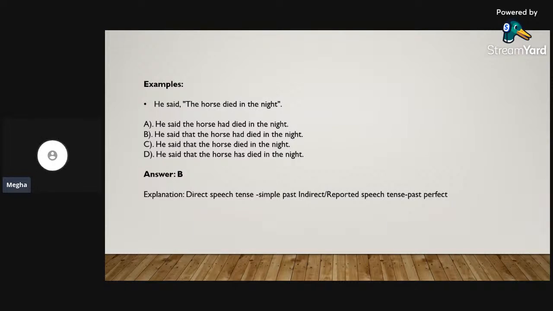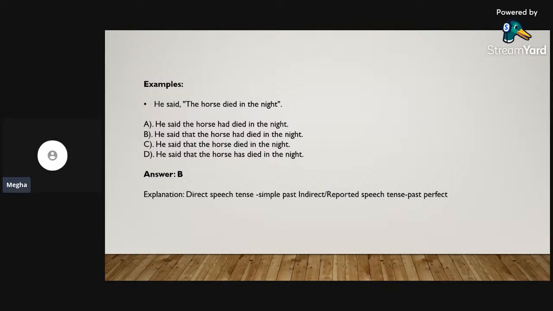See, here you can say option B can be the right answer because that has been added here: he said that the horse had died in the night. So it is changed to past because in the given direct speech, the reporting verb, which is said, is in past, right? So in the indirect speech, it has to be changed to past again. Option C, he said that the horse died in the night.